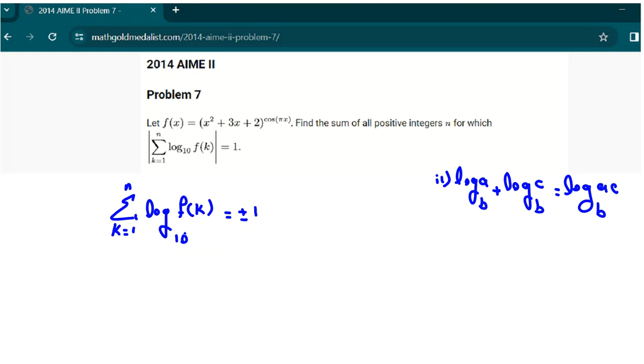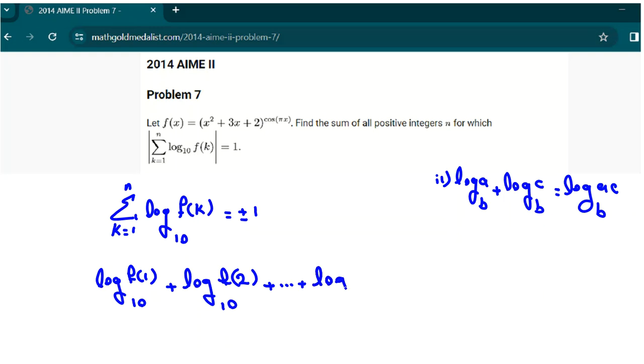Okay, so if we expand this sigma, it will be what? Log f of 1 to the base 10 plus log f of 2 to the base 10 up to log f of n to the base 10 equals plus minus 1.